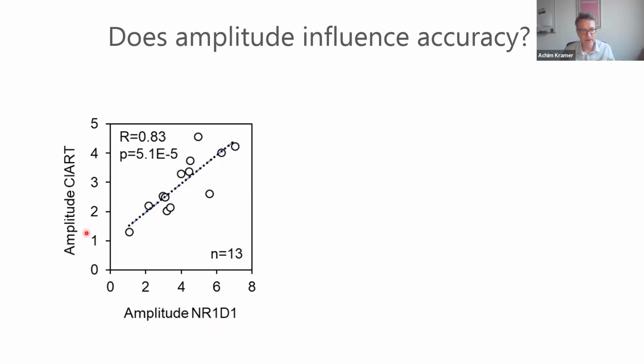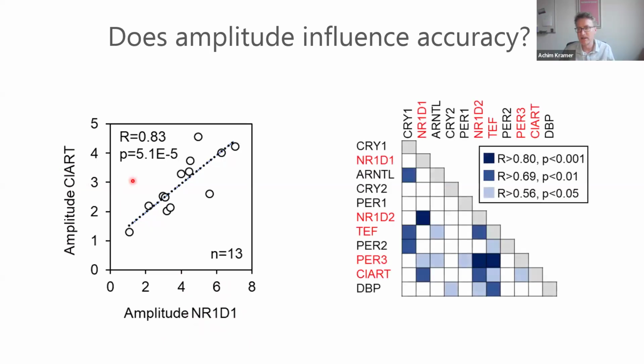And for the high amplitude genes, we see a nice correlation between molecular amplitudes, meaning it's not noise. So when you have a high amplitude in this gene, you more likely also have a high amplitude in this gene.